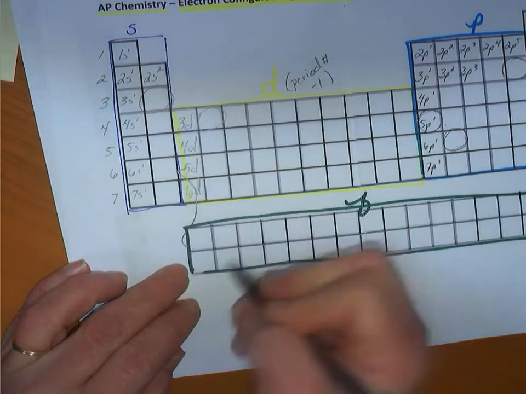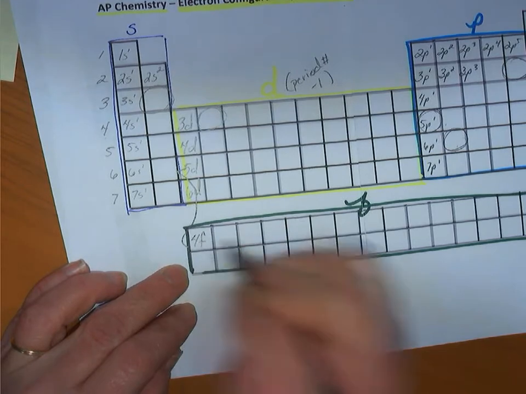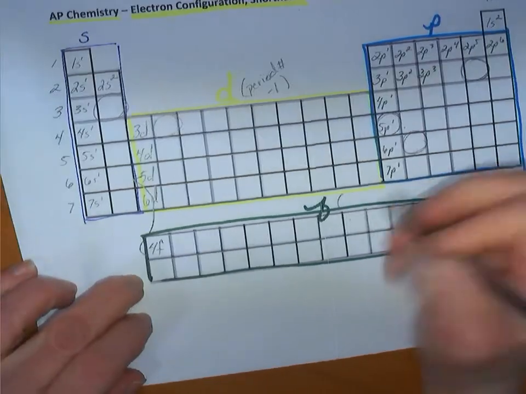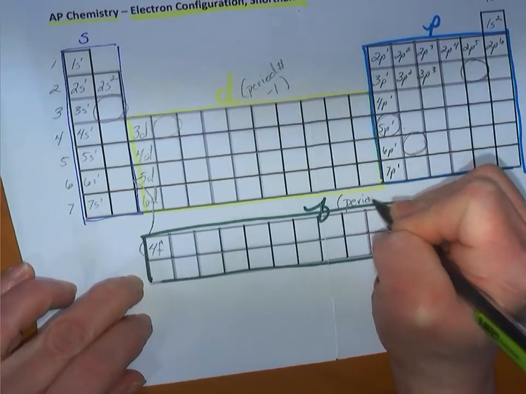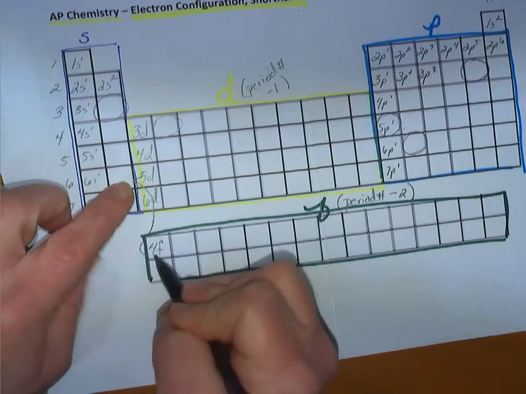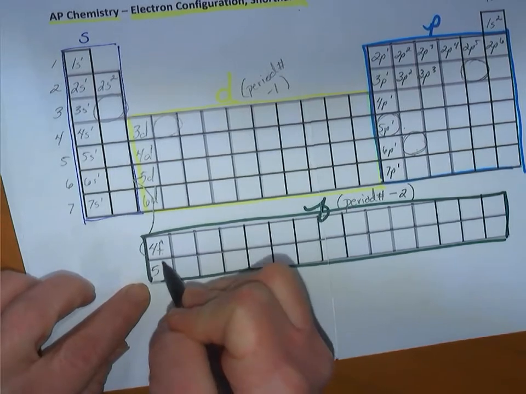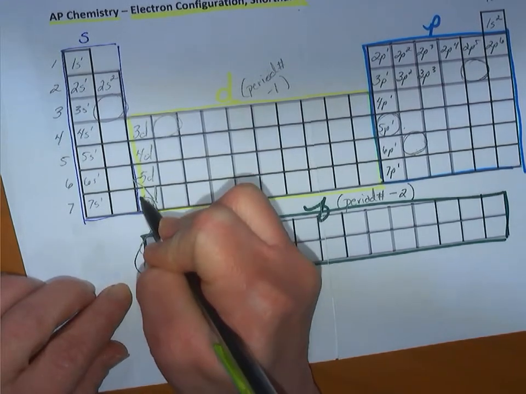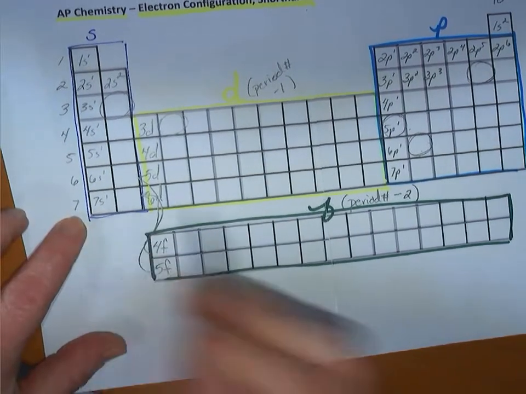And do you see it's 4f? The F block will be the period number minus 2. So this is 4f and 5f because this belongs up after 7s.